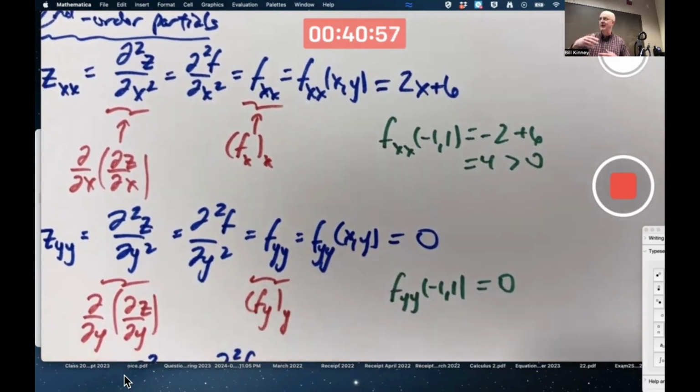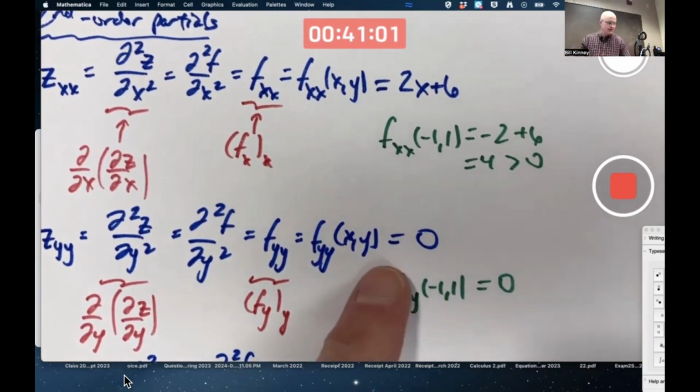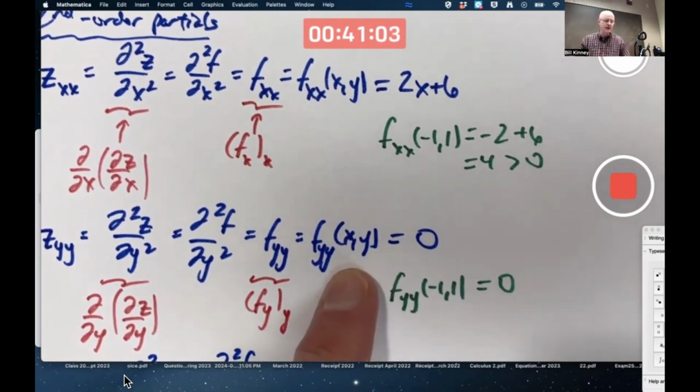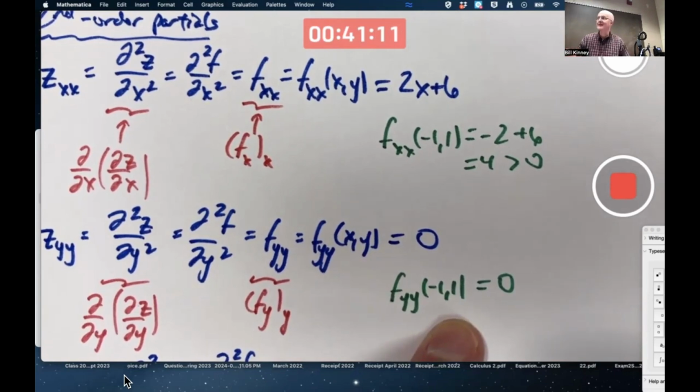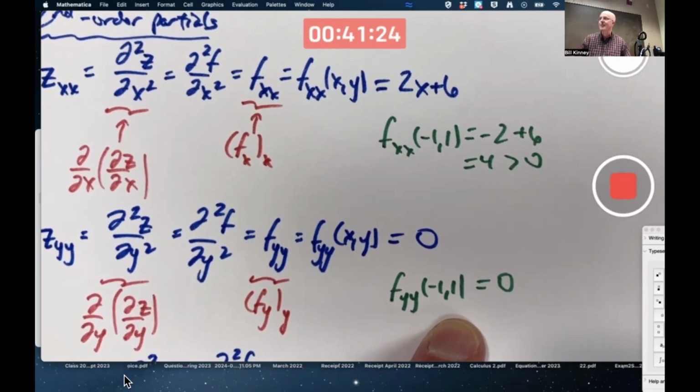It is a straight line if you cut it with planes at constant values of x, because the second order derivative with respect to y twice is always 0. But if it were not always 0, but 0 at a particular point, that doesn't mean the graph's straight. You can have a second derivative that's 0 at a point without the graph being straight there, if it's just 0 at one point. Question?